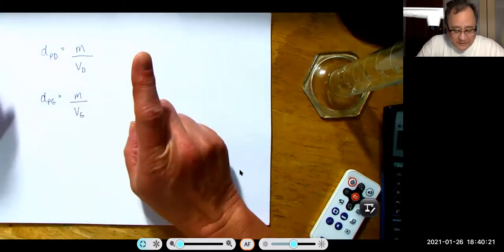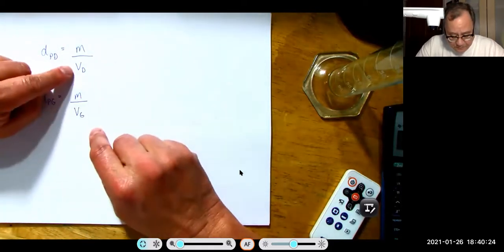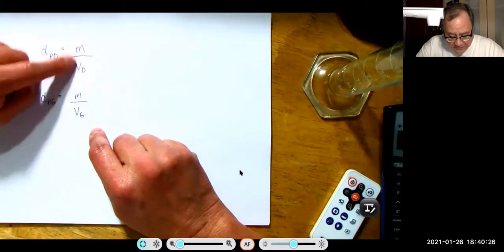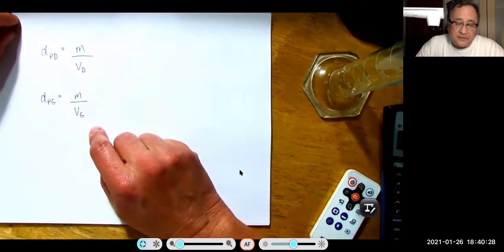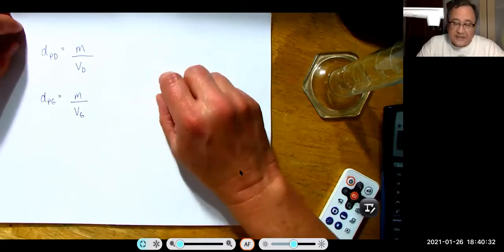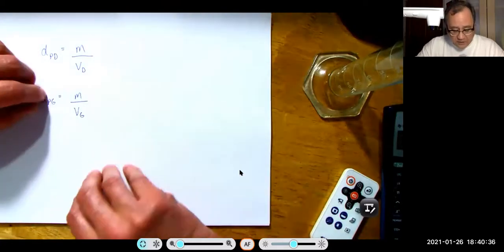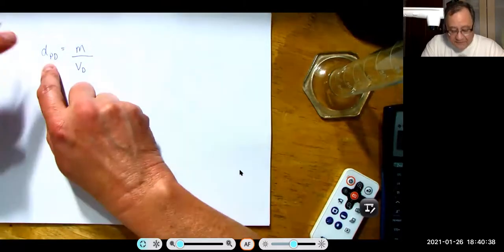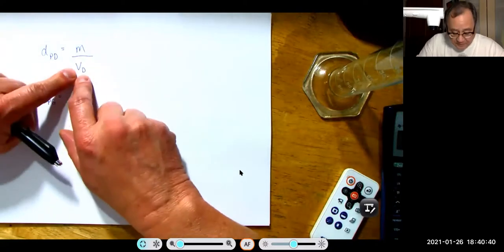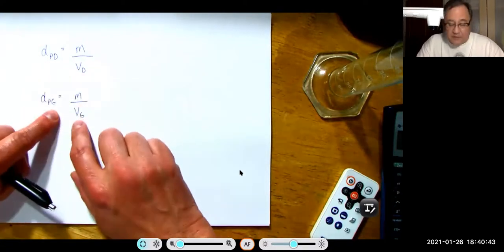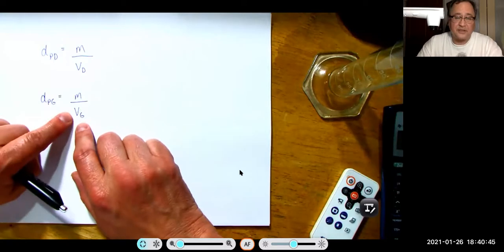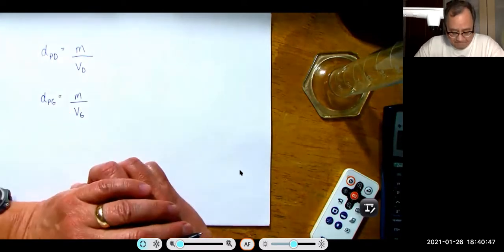Hopefully, when we calculate these 2 values, they will be similar. Because density is an intensive property. It doesn't depend on how much you have. So therefore, the density of 50 pennies by displacement should be the same as the density of 1 penny by geometric shape.